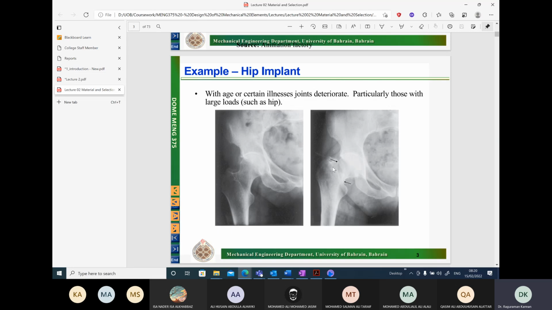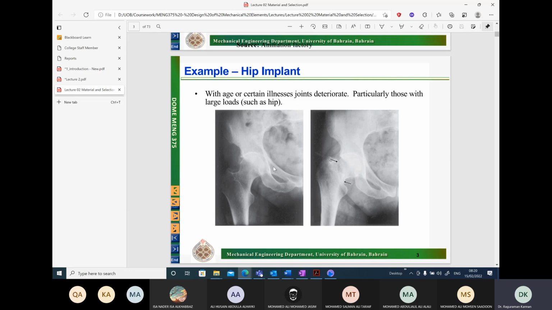Let's see one example here. Hip implant. You might have seen that old people usually have problems in joints and bones. Sometimes these bones fracture. Also, it is possible that when two bones, for example the thigh bone here and the hip bones, the joint has a ball and socket joint, and between the bones there is a cartilage or some kind of lubricating material.